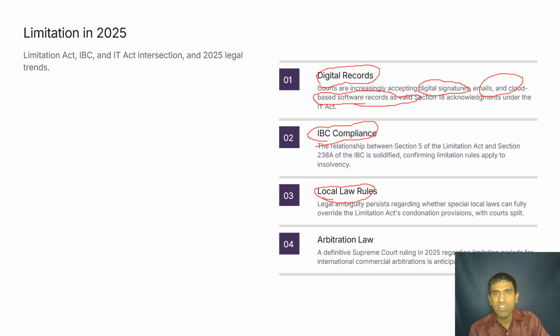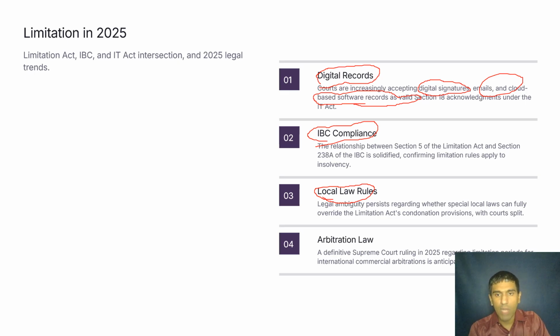Apparently courts are still split on whether to take the Limitation Act period or the period specified under the applicable local or state laws. There is still a conflict, but the act itself specifies that the limitation period of the local or state laws will be taken as the limitation period of the act.